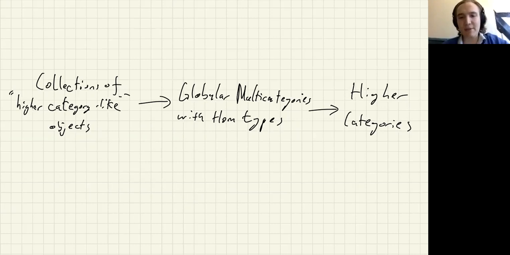But once you have one of those globular multicategories of homomorphism types, we're in a good place because we always know that its objects are in a very precise sense higher categories, its terms are always functors, its dependent types are always profunctors, and its higher terms are always transformations between those profunctors. And furthermore, the collection of all types and terms is going to behave like a higher category itself in the external sense.